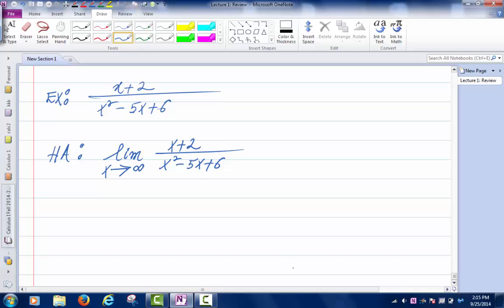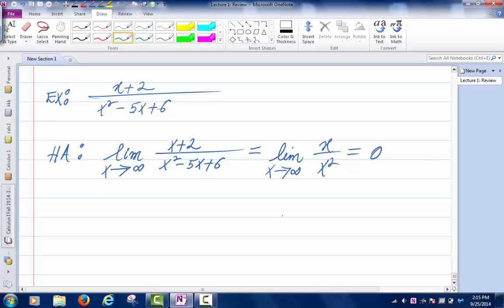You want to know the terminal behavior of the function when x is big. And what's the limit? This is the limit of x over x squared, and that is 0.